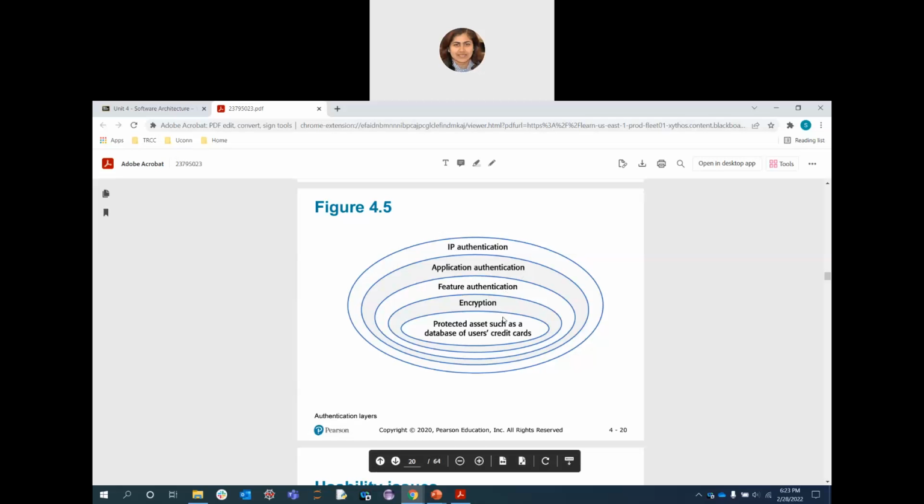As I just mentioned, the layers might include the system authentication layer, a separate critical feature authentication layer, and various other layers. Architecturally, you can implement all these layers as separate components so that if one component is compromised by an attacker, the other layers can remain intact.